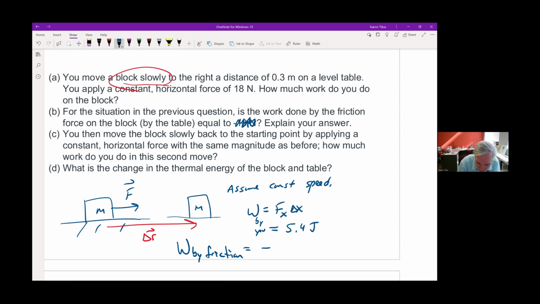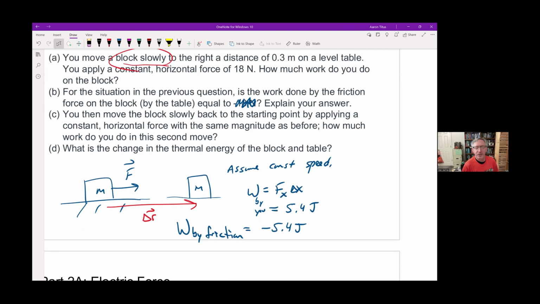I would say this is actually a fairly common question. I think you see this question in textbooks. So the work by friction is negative 5.4 joules. Is it right or wrong? I'll give you a hint. One of the PDFs that I dropped in the chat directly addresses this question.